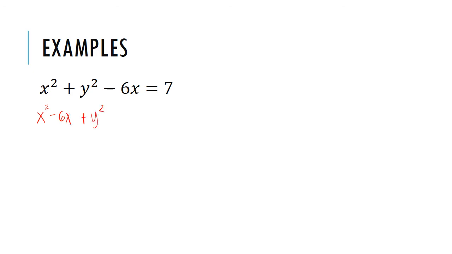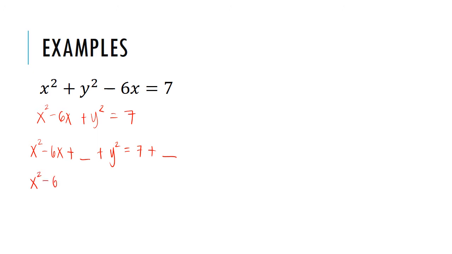So, si y squared, wala siyang kasama, lonely siya, equals 7. Then, we complete the square. Since wala ka namang i-complete na square kay y squared, we just leave it like that. Dun lang tayo kay x. So, x squared minus 6x plus a constant to complete the square plus y squared equals 7 plus a certain constant which should be added.